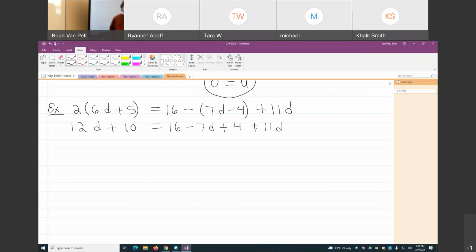This should have been your first move. A lot of students have issues with the negative 7b minus 4. A lot of students that I know will actually tell me that they put a negative sign in front of those parentheses and that somehow helps multiply through by a negative.